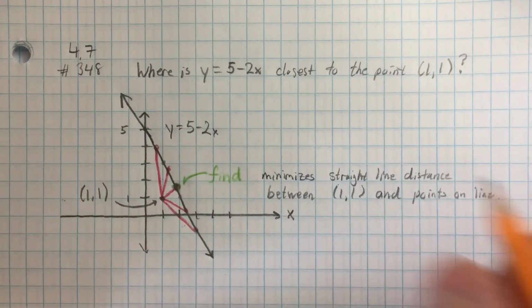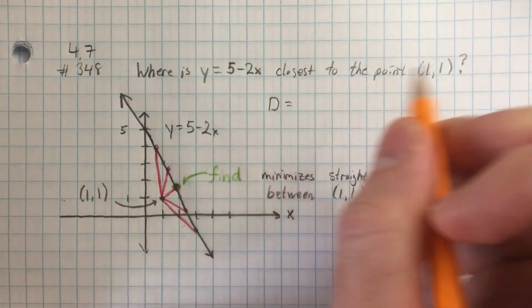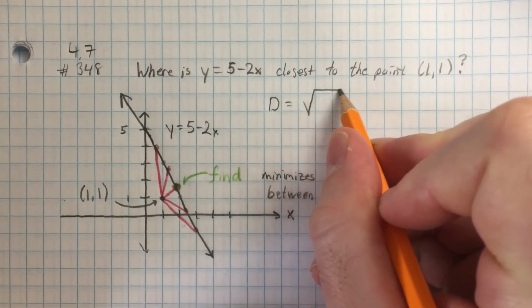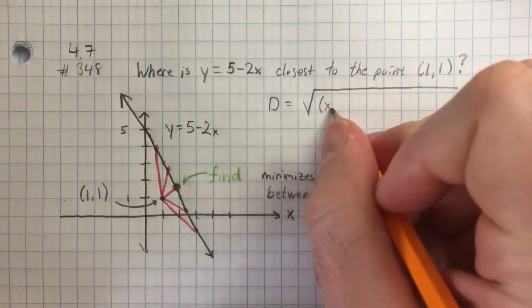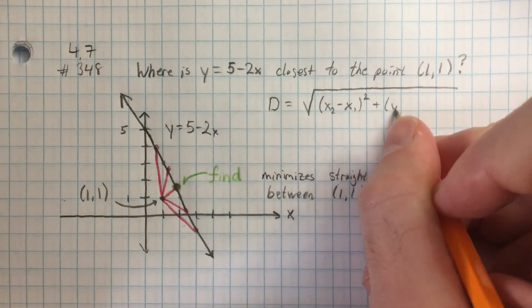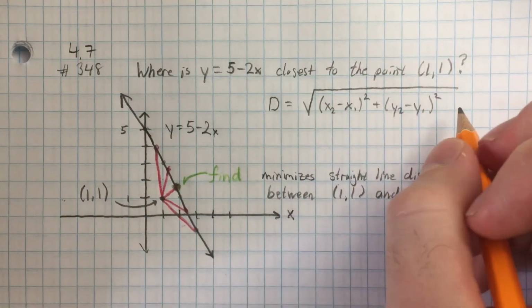So it turns out that we do have a distance function. I don't think about it as a function so much, but we have a formula at least. Right? The distance formula looks something like this: x2 minus x1 quantity squared plus y2 minus y1 quantity squared. You take the square root, right?